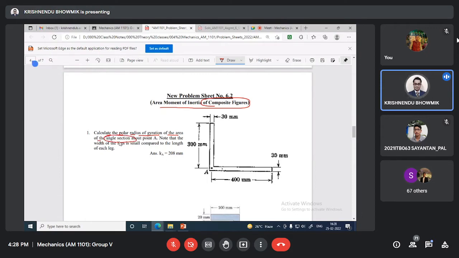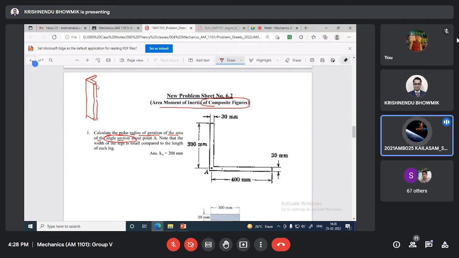This section is known as angle sections. In many aerospace, civil, electrical applications, metallurgy, mining, you can see these sections. Basically, let me tell you this way. Have you seen this type of sections in reality? Yes, sir, I've seen them.